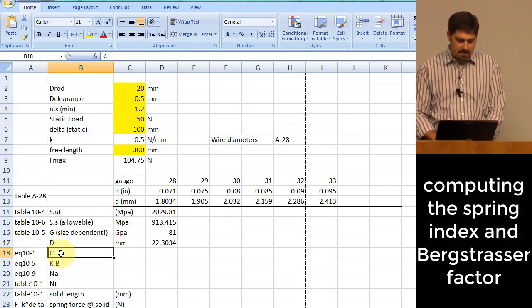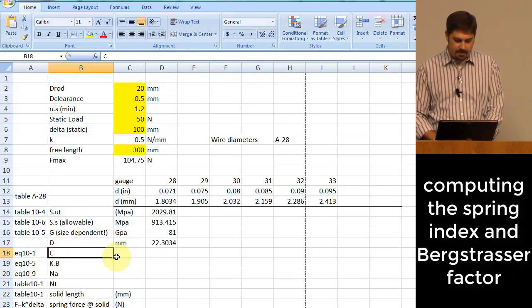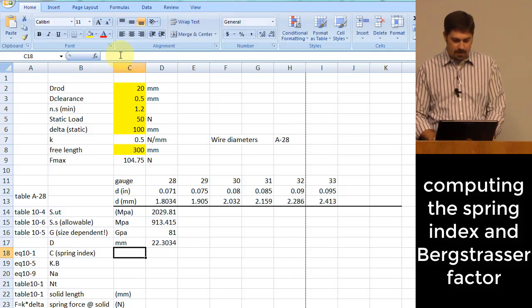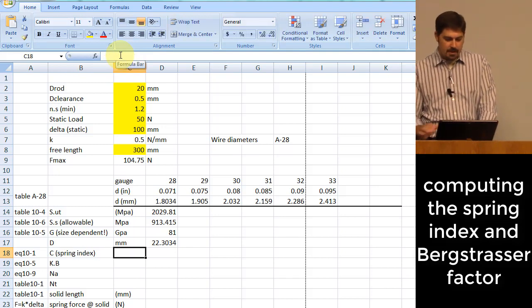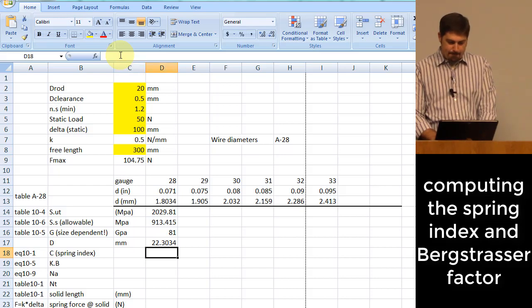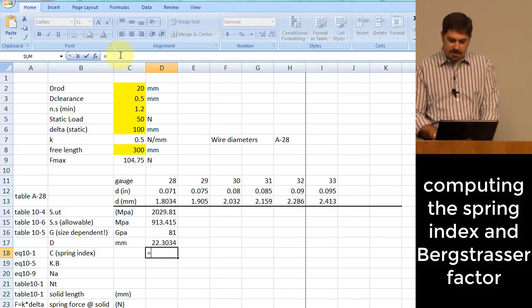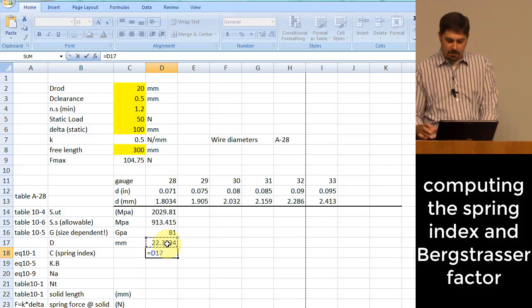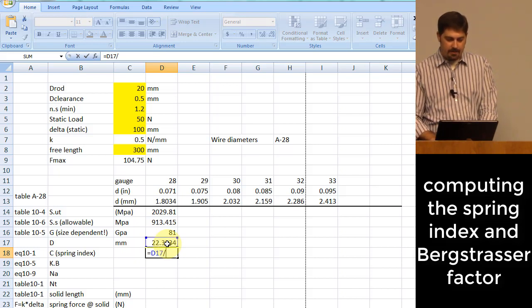What is C? What is this value right here? You might remember this was called spring index. All right, and that's useful for several things. But we'll go ahead and find this spring index. It's fairly simple. All you do is you take the mean coil diameter, which exists right here, and you're going to divide that by what?